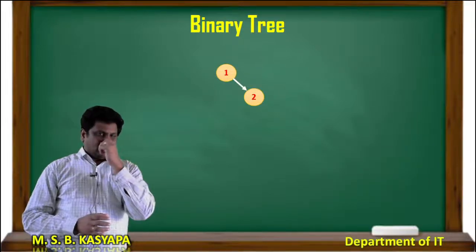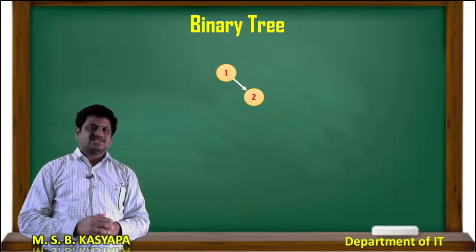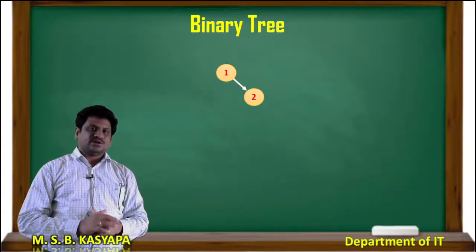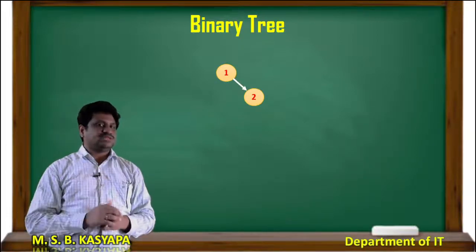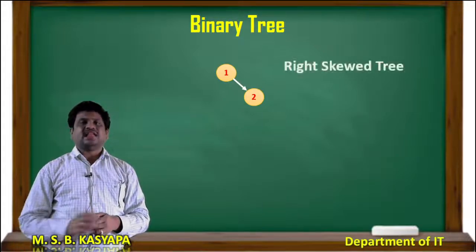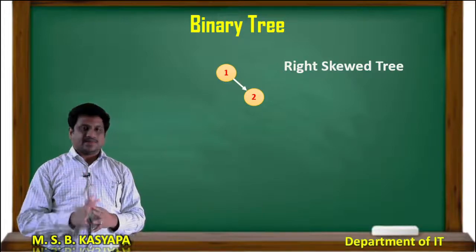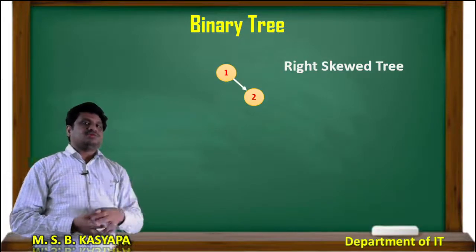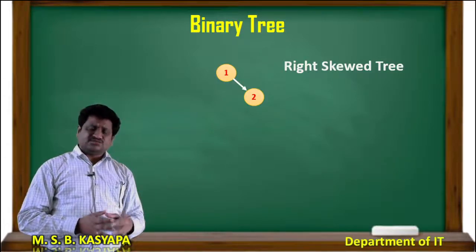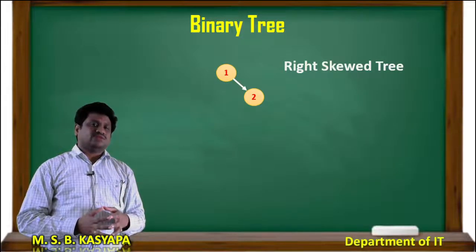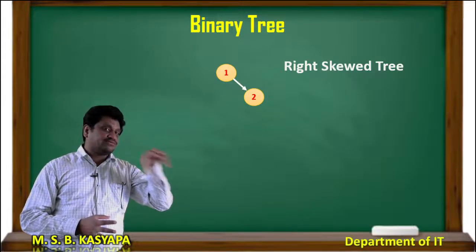Now, let's discuss examples one by one. If you consider this example, this one is a right child of 2 and it has only a single flow. So I can say it is a right skew tree, and it is a binary tree. But we have another 2 options: whether it is full or complete. Is it full? No. Why? Because it must contain either 0 or 2 children if it wants to be full.